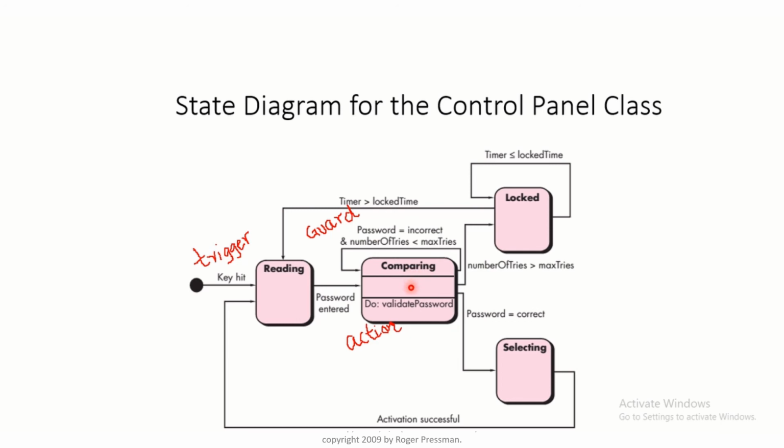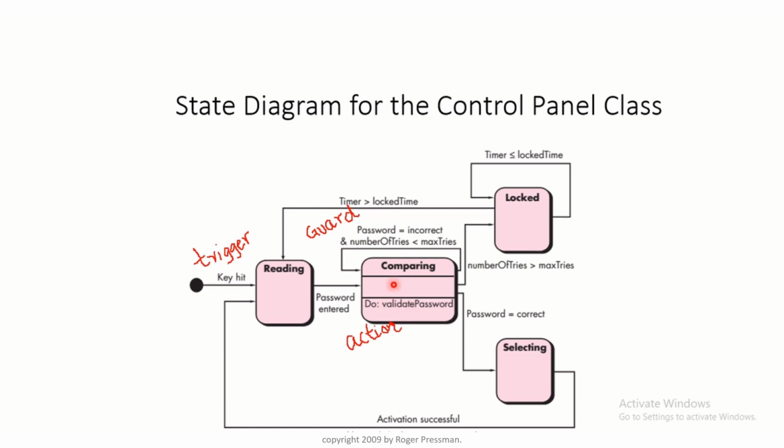Now I will talk about the flow of the system. Whenever a homeowner hits the key, it starts with reading the entered value. The password entered enables the comparing state, and in this comparing state it keeps on with the validation process.